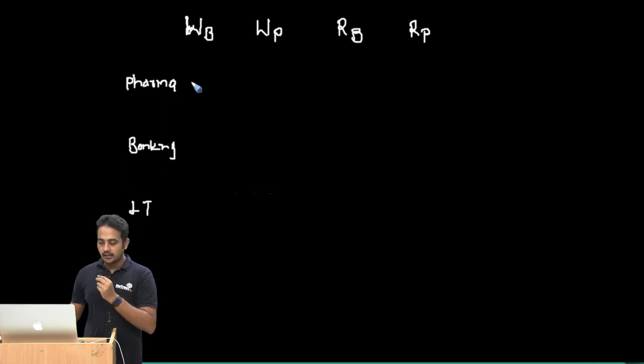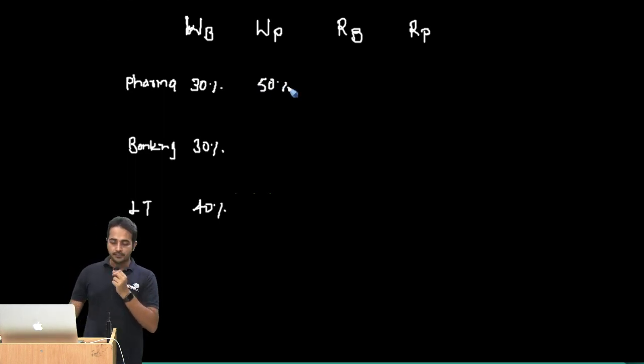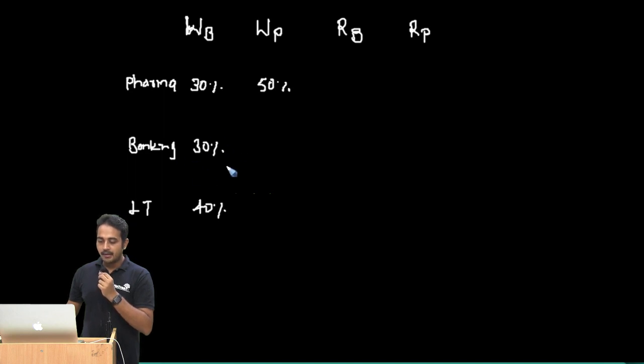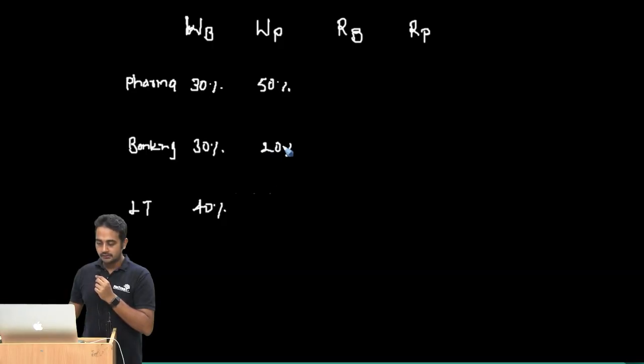The weights assigned in the benchmark are 30%, 30% and 40%. Your fund manager is more bullish on pharma, so instead of investing 30%, he decides to invest 50%. But he feels that banking isn't going to be as great, so he decides to put in 20% here, and then he decides to put in 30% in the IT.